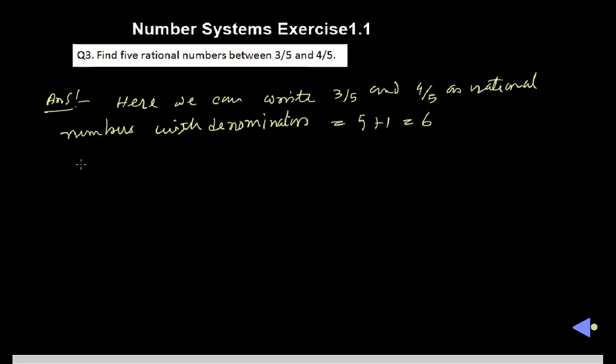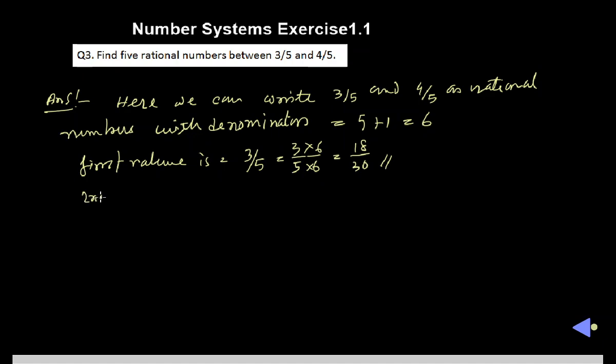Okay, the first value is 3 upon 5. It can be written as 3 times 6 upon 5 times 6. Here it is 18, and here it is 30. Okay, that is our first value.